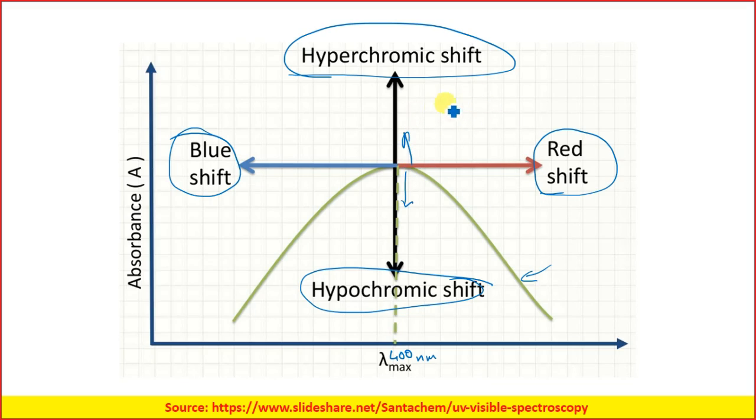Hyperchromic shift means the auxochrome results in an increase in the absorption value, and hypochromic shift means the auxochrome is leading to a reduction in the absorption peak.